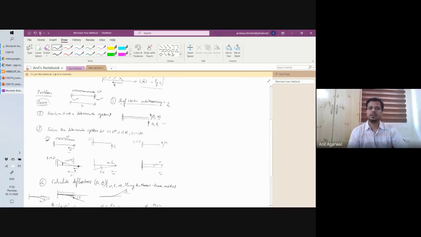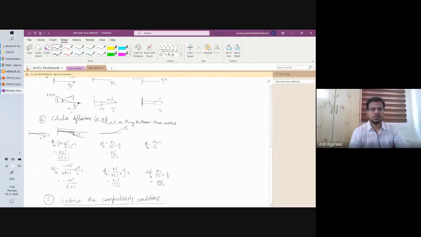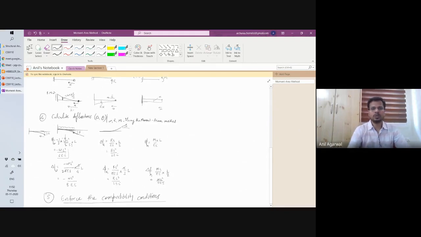And in that way, we were violating the compatibility condition, because for the actual real load, that is W, we got a non-zero theta and a non-zero delta, right? But this delta and theta should be 0.